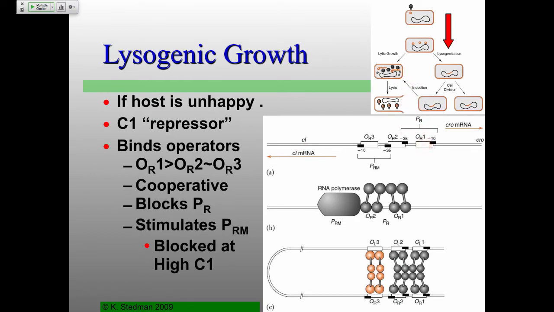Do the same thing, shutting down expression of PL, but what's important here is looking specifically at PR. How does it happen? It's because the lambda repressor, like its name mentions, is repressing transcription from the PR promoter, but there's a positive feedback loop which leads to extra expression of the C1 protein. So it's a positive feedback loop.